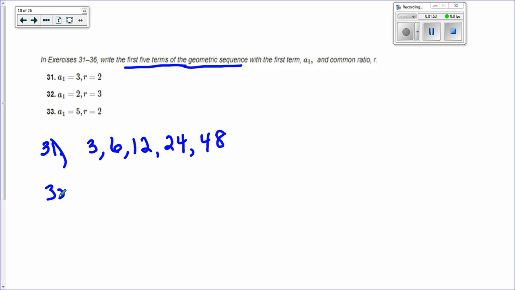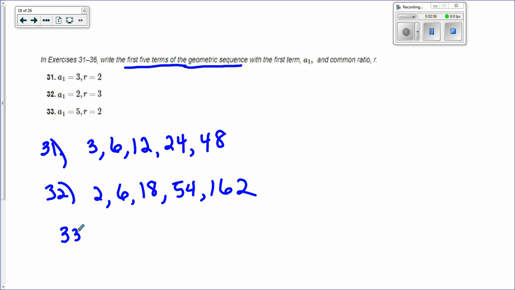For 32, 2 multiplied by 3, multiplied by 3, multiplied by 3, multiplied by 3. For 33, 5, 10, 20, 40, 80. So when something is a geometric, it grows exponentially. It's getting multiplied.